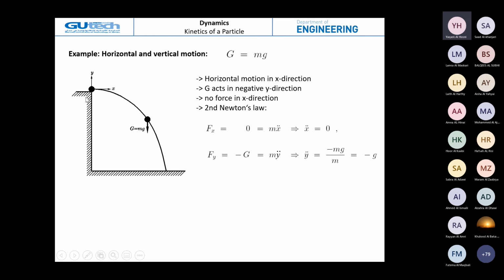Here, the force Fx is equal to 0. Why? Because there is no force. The gravitational acceleration is given in vertical direction, in y direction. But in horizontal, there is no initial force, and there is no initial velocity or acceleration. In this case, the force is equal to 0.